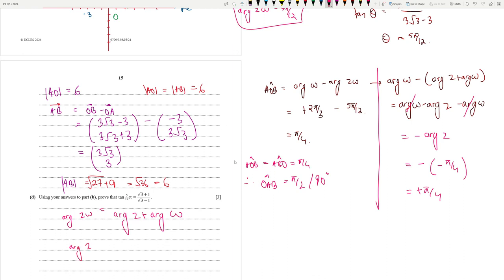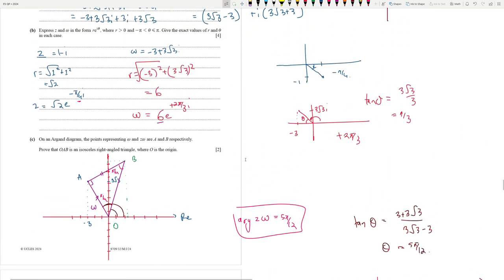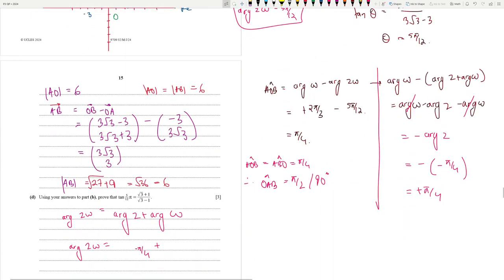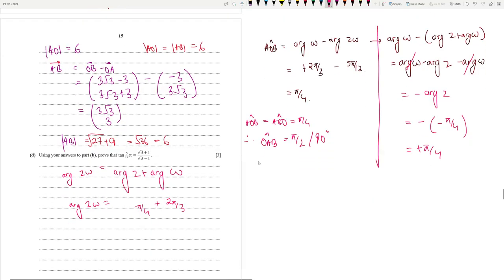So argument of Z omega is equal to argument of Z, which is actually minus pi by 4, and argument of omega, which is 2 pi by 3, right? So argument of Z omega is equal to 5 pi by 12. I actually did that beforehand, so it's fine.